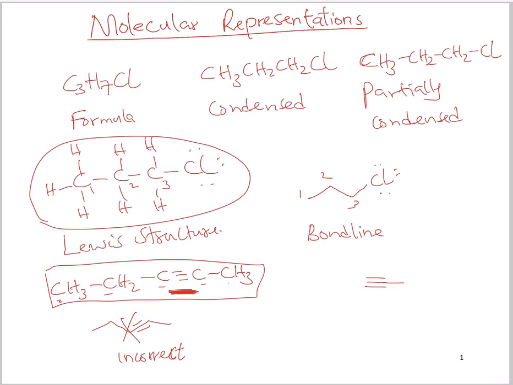And then we have another one which also has to be linear, and then we have the last one here. So this is carbon number 1, number 2, number 3, number 4, and number 5. This one is correct because we are showing the correct geometry of the molecule.